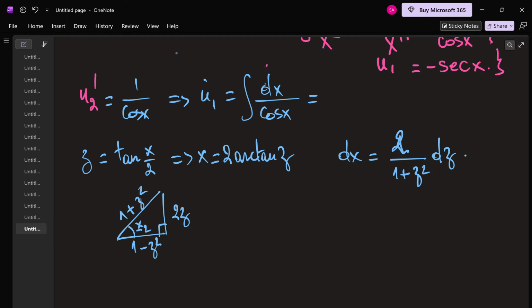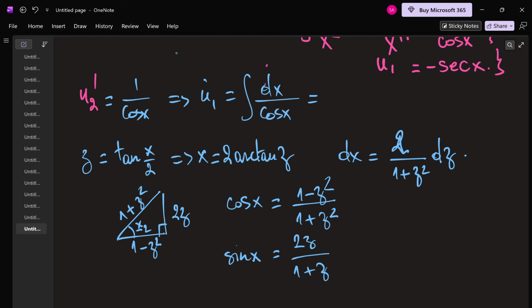And now you can deduce that cos x would be equal to 1 minus z squared over 1 plus z squared, and sine x is equal to 2z over 1 plus z squared.